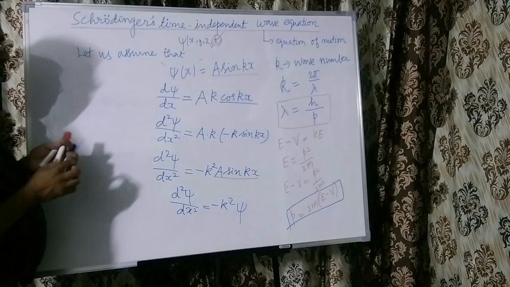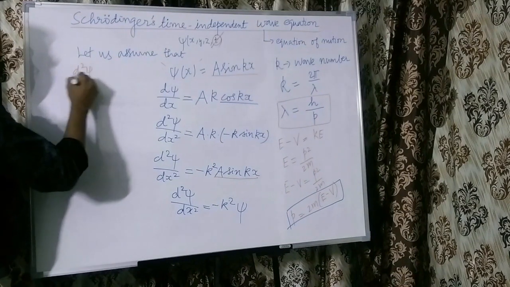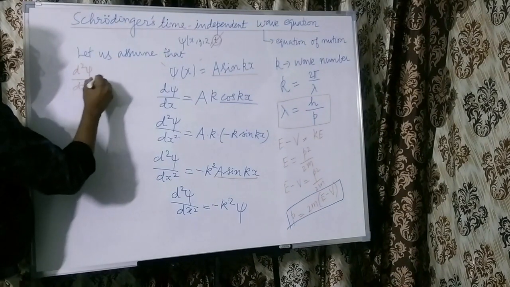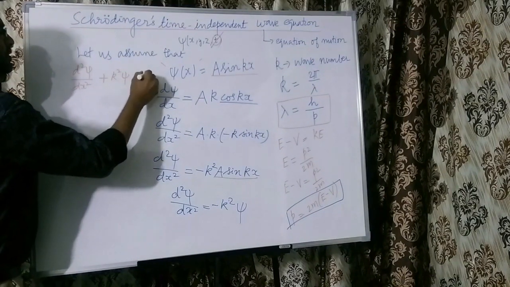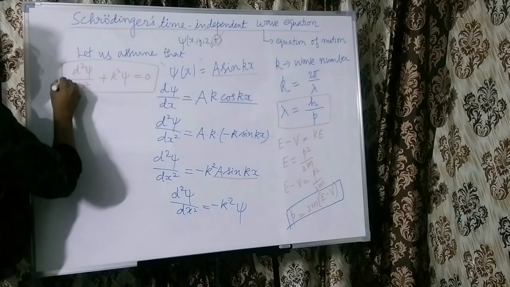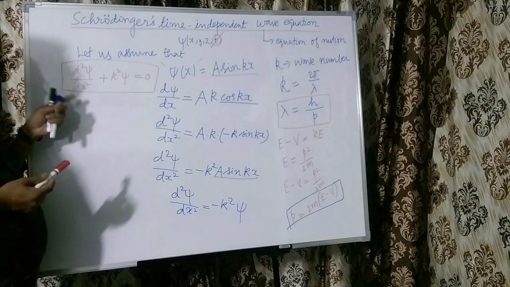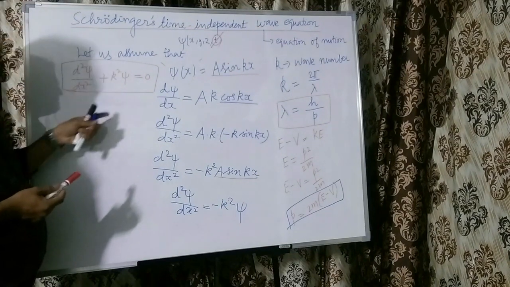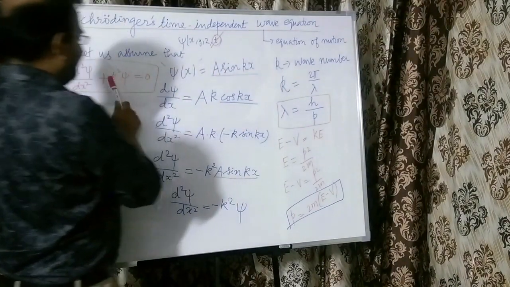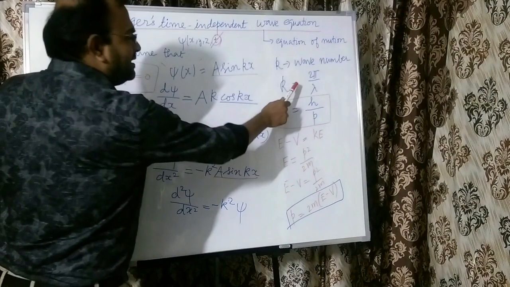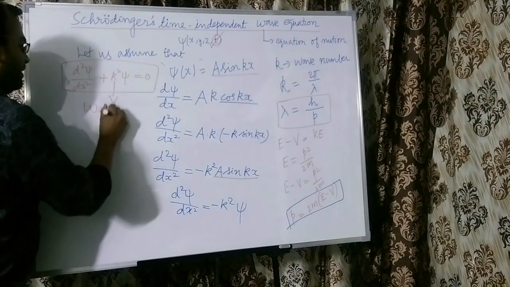Therefore, we can write d square psi by dx square plus k square psi is equal to 0. This is the first step in the derivation, and this is now a second order differential equation having this particular form. Now we have already defined what this parameter k is, which is nothing but the wave number.